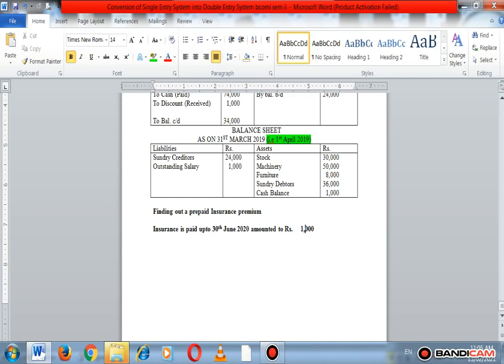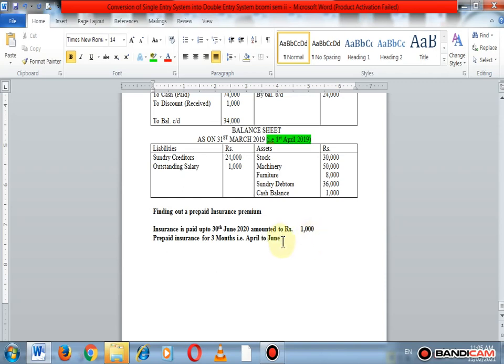So here 1,000 divided by 12 multiplied by 3. So prepaid insurance for 3 months, that is, for your understanding, April to June.